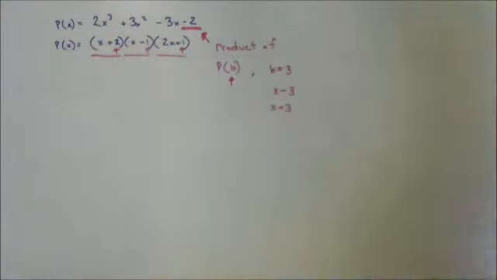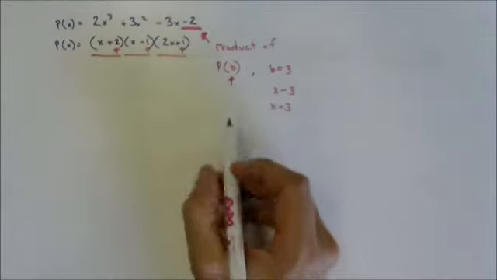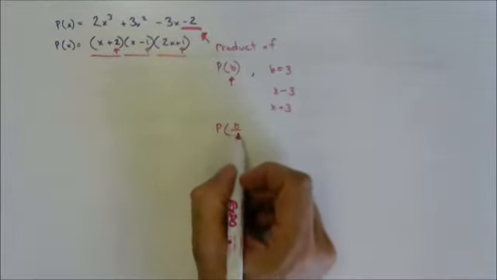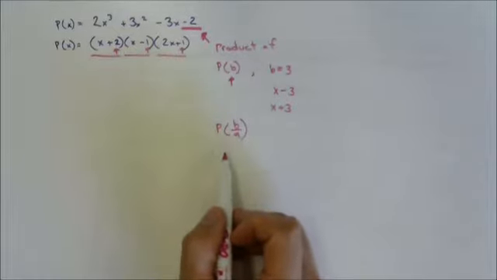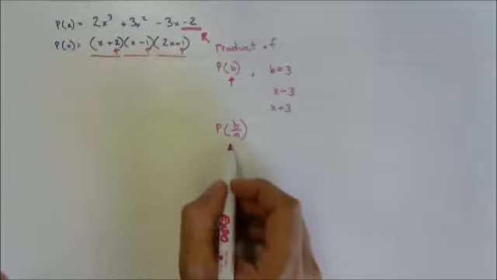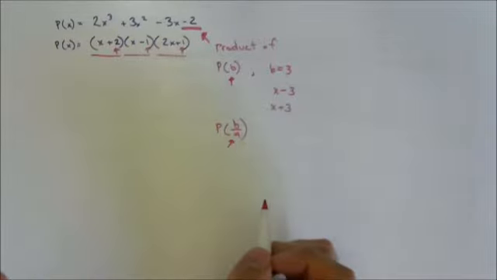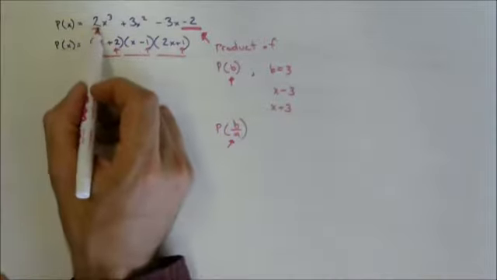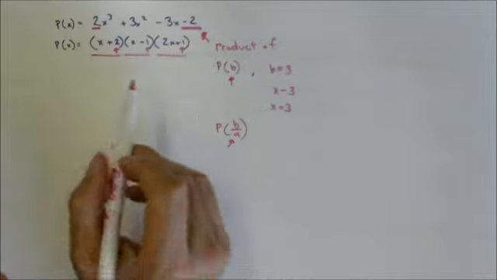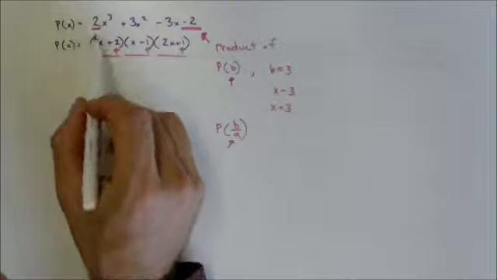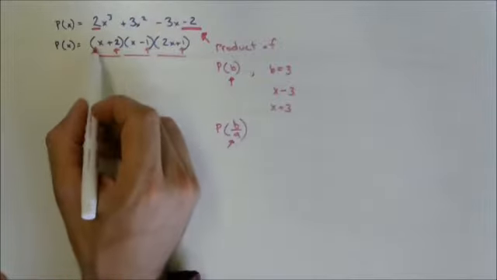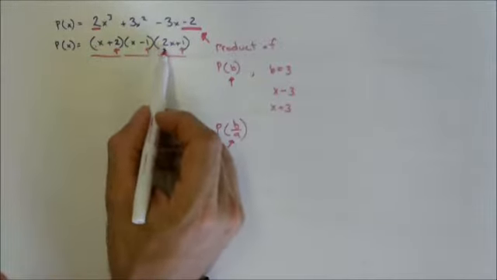That would be really ruthless, because in the case where you're working with p of b over a, then you'd have a fraction over a fraction, which would be pretty convoluted. But the same principle applies for finding out what value of a is going here. We can look at the leading coefficient and say, well, the only factors that could divide this thing out could have an a of 1 or an a of 2.